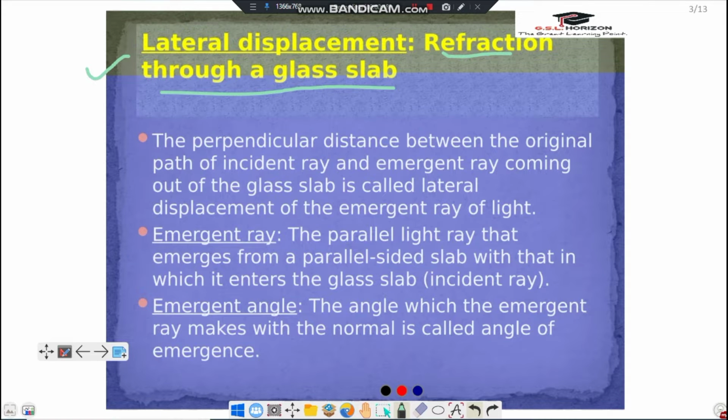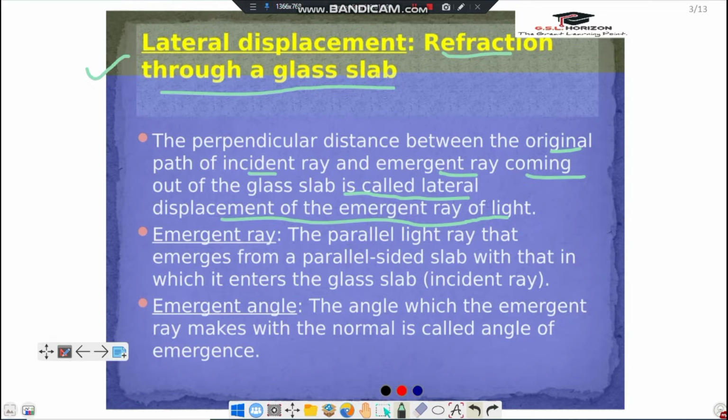The perpendicular distance between the original path of the incident ray and the emergent ray coming out of the glass slab is called lateral displacement of the emergent ray of light.